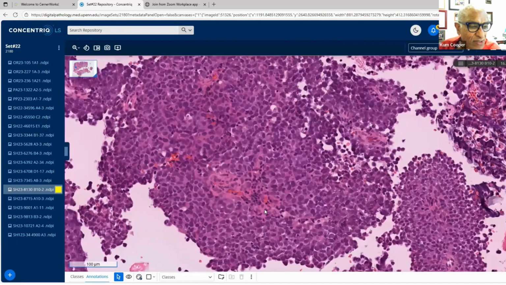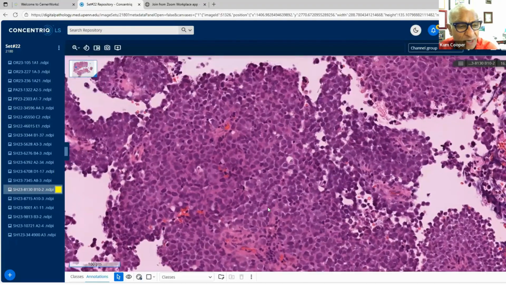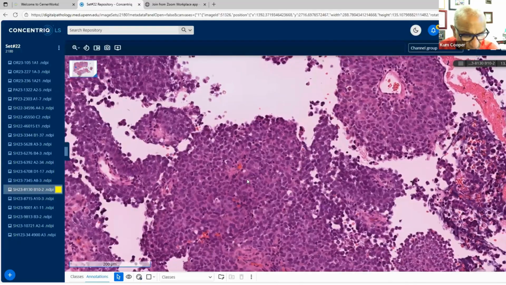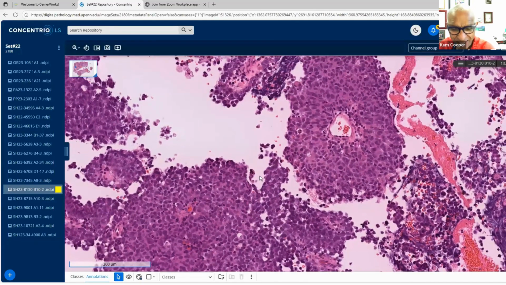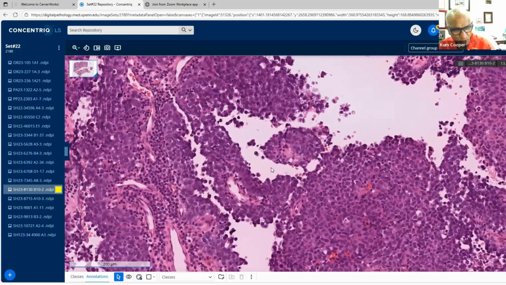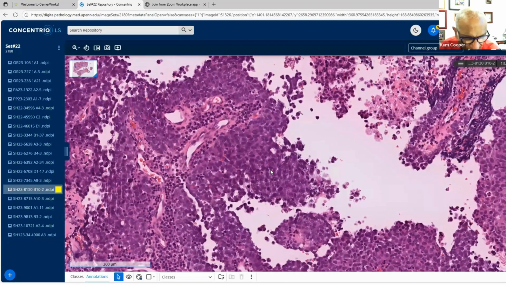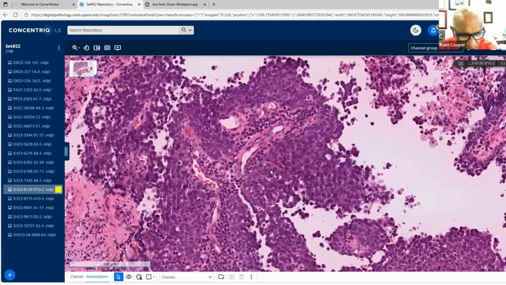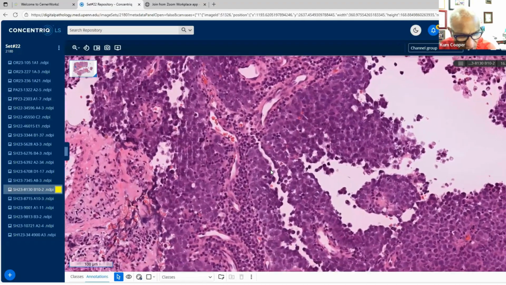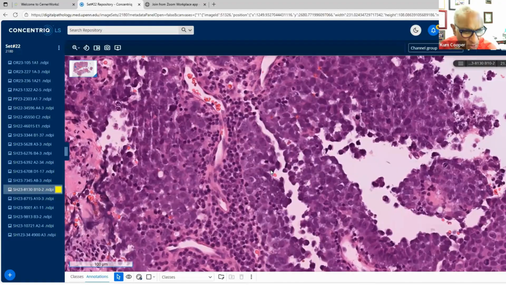In this setting, Tapan, typically with small round blue cell sarcomas, you have to think about Ewing's in this context, and you have to think about the adamantinomatous type of Ewing's, which is diffusely keratin positive as well, but also carries the same translocation as Ewing sarcoma, EWSR1 and FLI1. So in those instances, I typically use CD99 as a screening tool for that round cell sarcoma, Ewing sarcoma, and you could start with that.